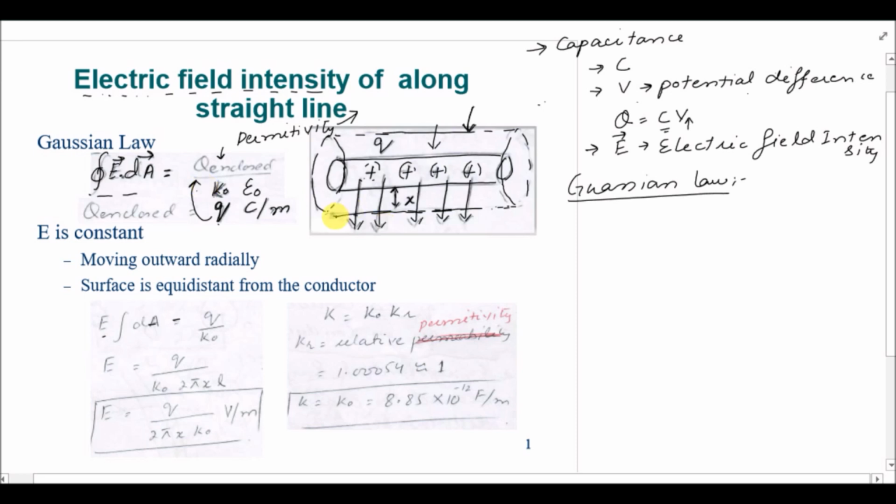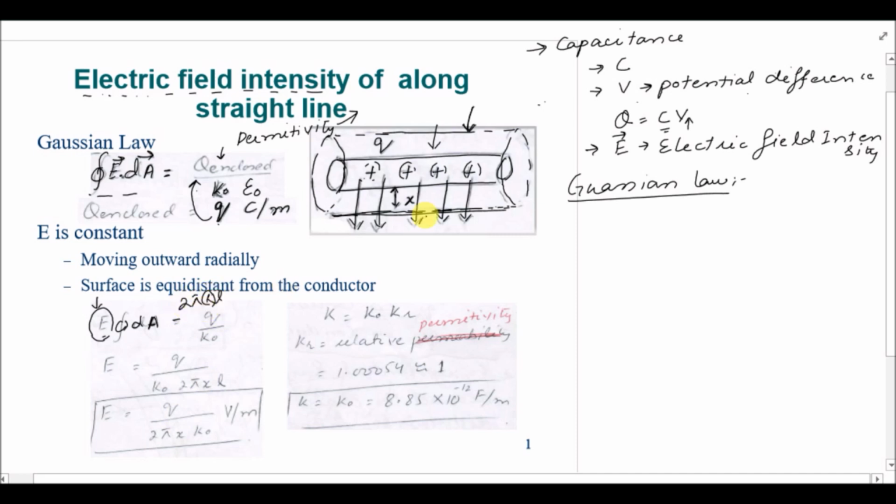As the distance from the conductor is x, which is equidistant, the value of E over this line will be constant. So we can take this E outside the integral because it is a constant value. The closed integral of dA gives you the surface area, and the surface area of the cylinder is 2 pi RL.